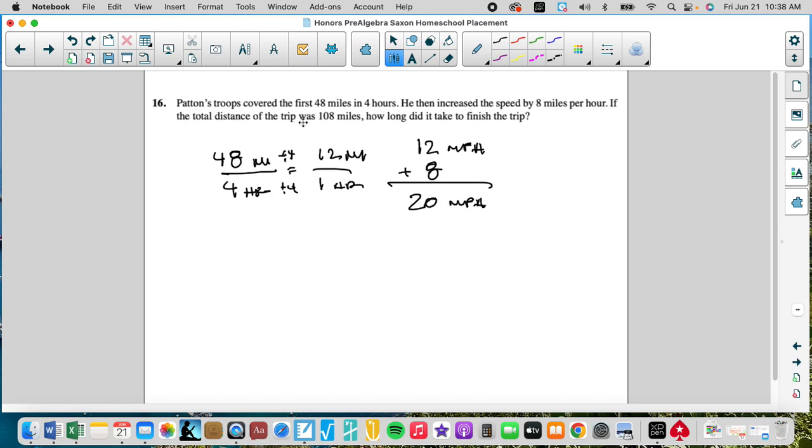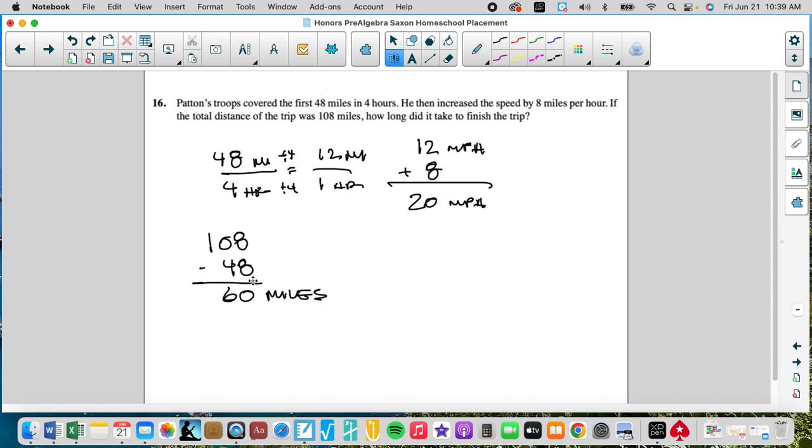If the total distance of the trip was 108 miles, how long did it take to finish the trip? So we have to take the 108, and he's already traveled the 48. So that leaves us with 60 miles that he was traveling at 20 miles per hour. So how long did it take for him to do 60 miles at 20 miles per hour?